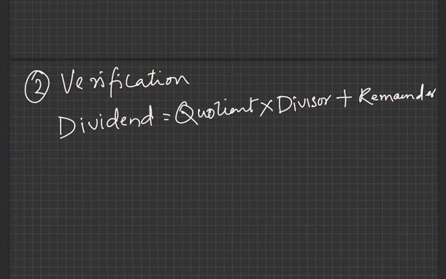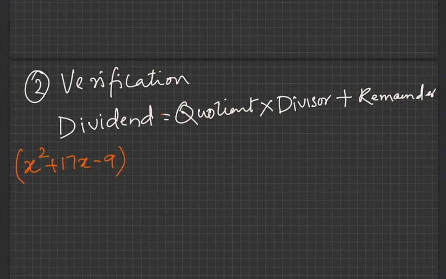So I know the dividend. My dividend is x squared plus 17x minus 9. This is my dividend, which is on the left hand side of the equation.